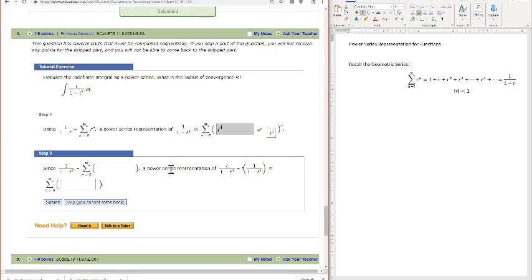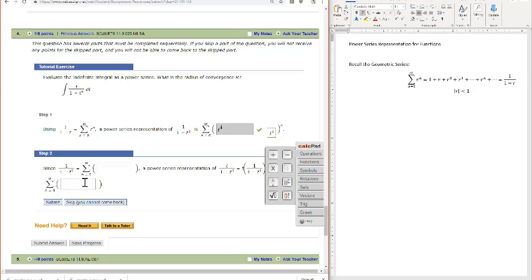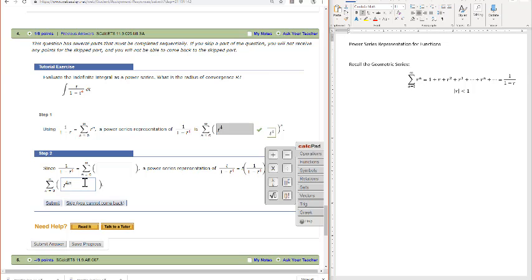So that's just the 1 divided by that, but our original function in the integrand had a t. So we're going to multiply everything by t, and that means we take a look at t to the 4n times another t.